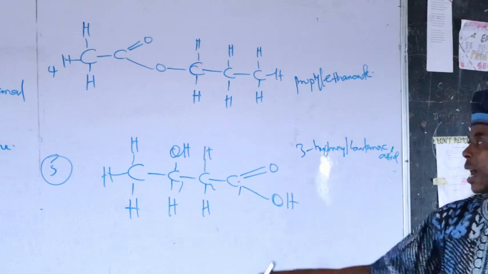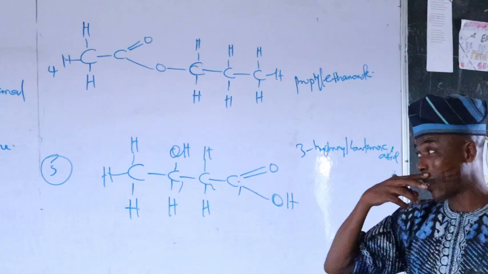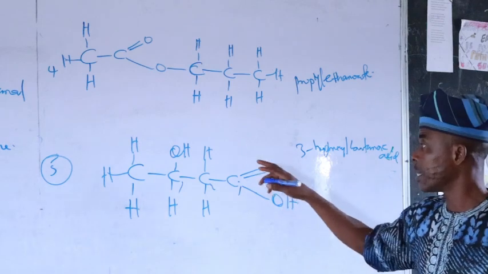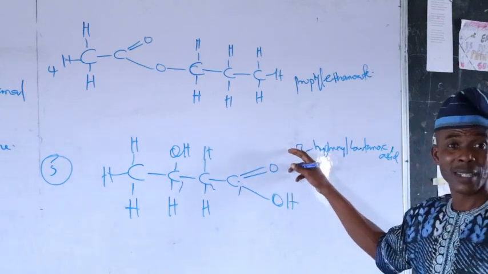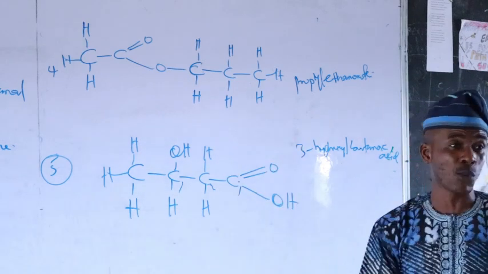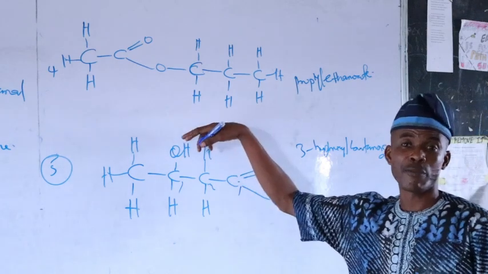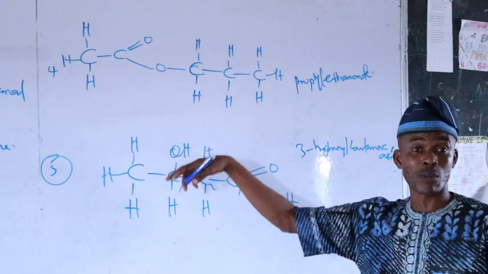You have an alcohol functional group, and you also have an acid functional group. But between the alcohol and the alkanoic acid, the alkanoic acid is the priority functional group. That group will be primary, and this will serve as the secondary functional group, so it serves as the substituent.